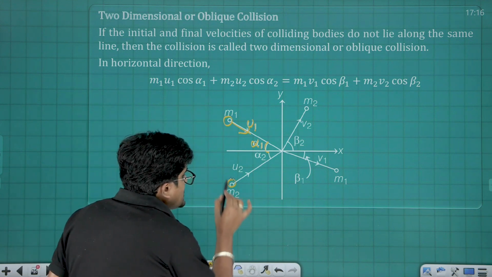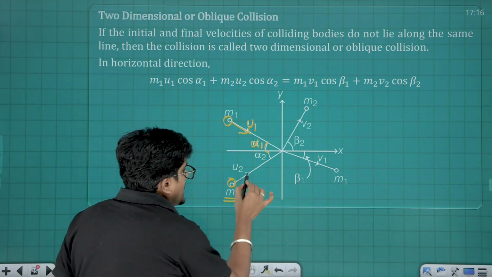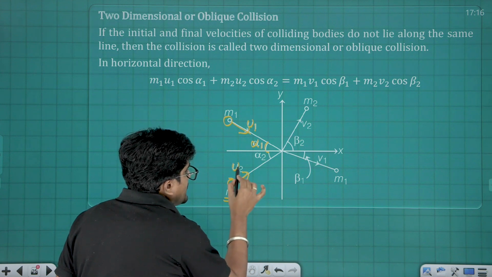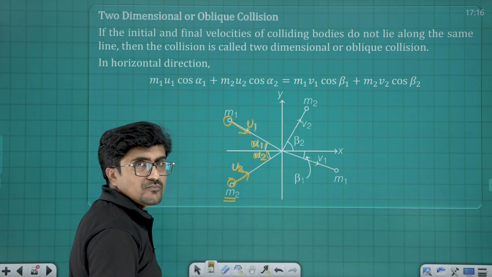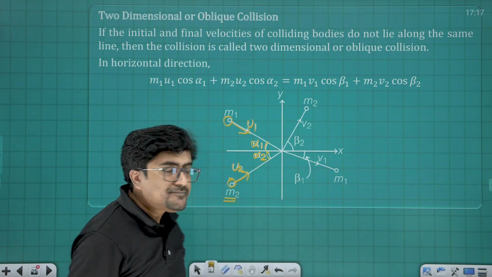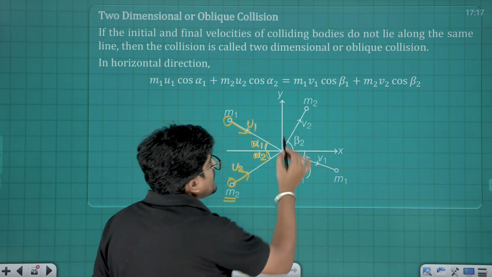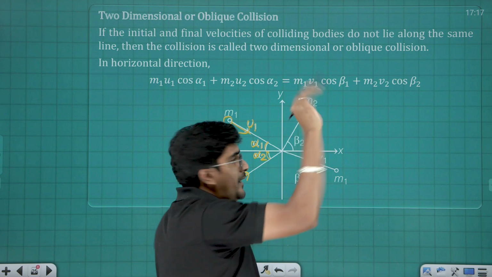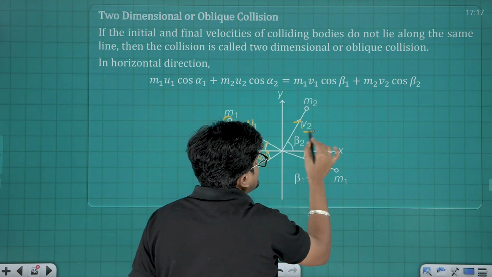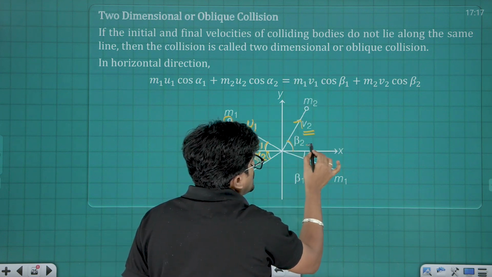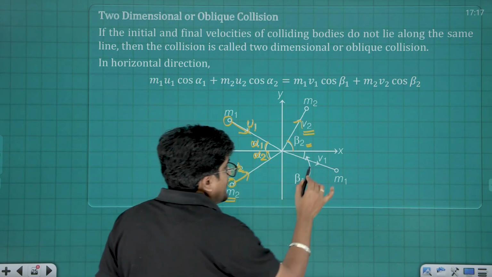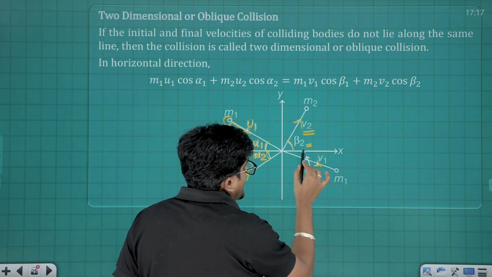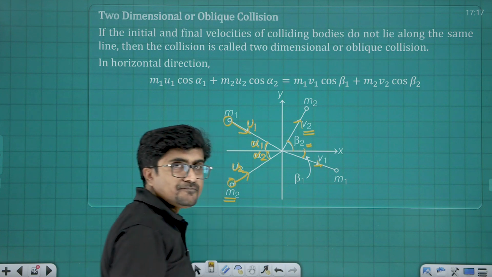And here you can see mass m2 approaching with an initial velocity of u2, and the angle made is alpha 2. So the collision happens, and after collision, m2 moves away with a velocity of v2, making an angle beta 2, and m1 moves away with a velocity of v1, making an angle beta 1.